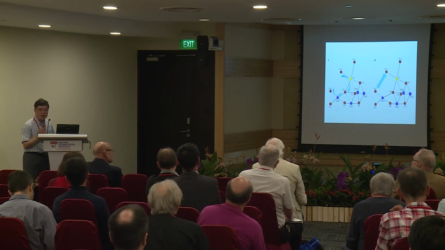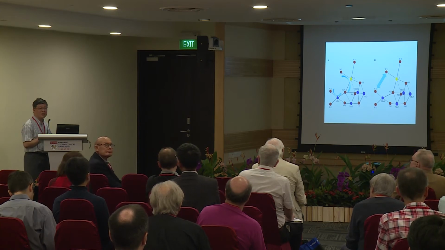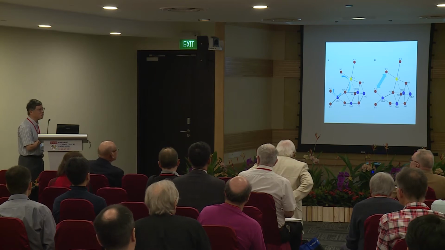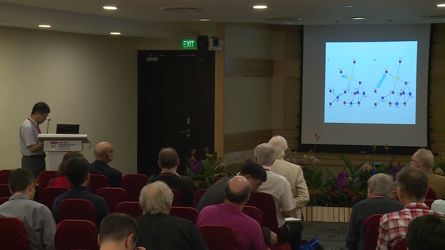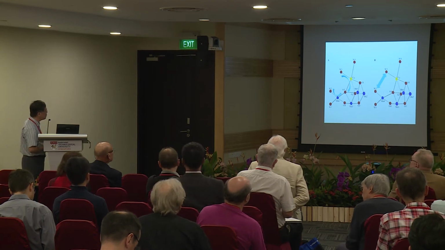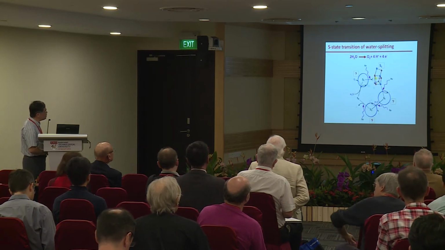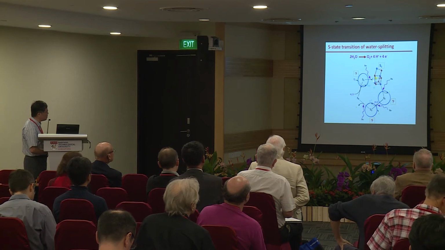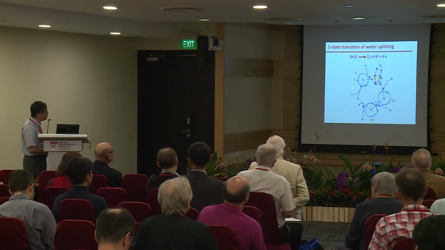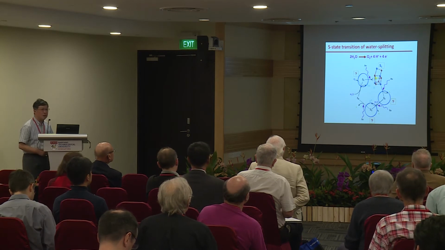Although Per Siegbahn has told us his theoretical predictions and results, we want to confirm from experiments where and how the O-O bond is formed. Because we just solved the structure of one state at high resolution, we needed to know several of these intermediate structures experimentally.